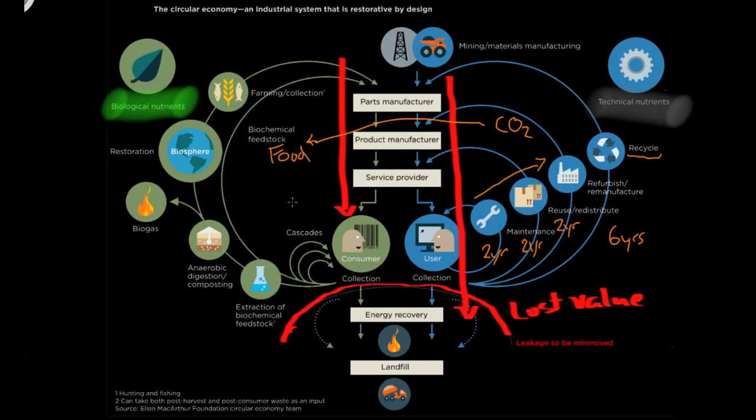We can make polymers and fuel from biological material, and that can feed back into the technical cycle as well. So the two are not mutually exclusive. It's just a matter of making sure that whatever enters the biosphere is safe for the biosphere, and whatever material is in here is at a pure, high quality flow.